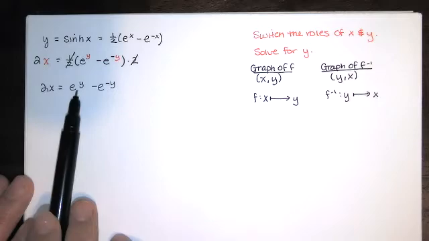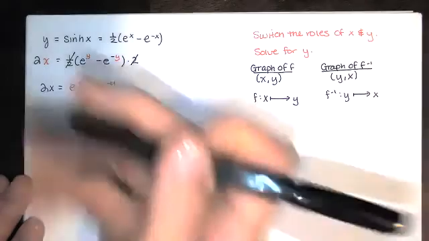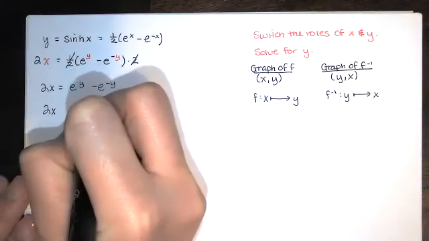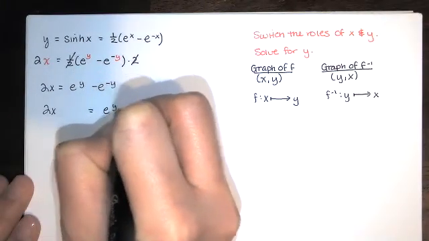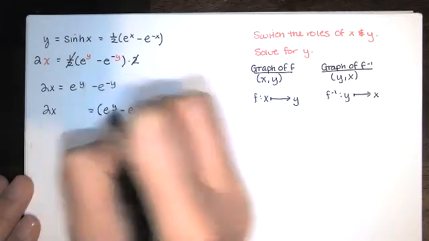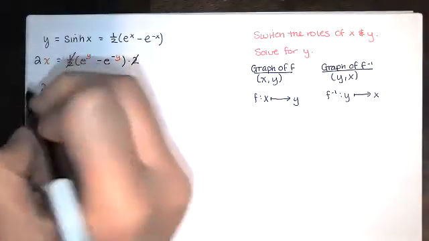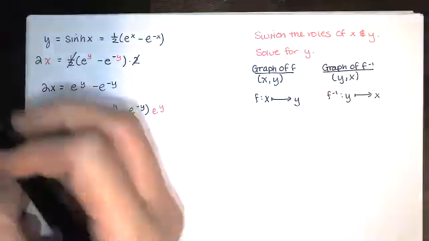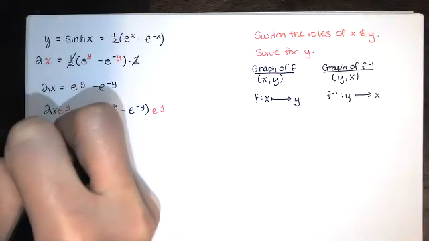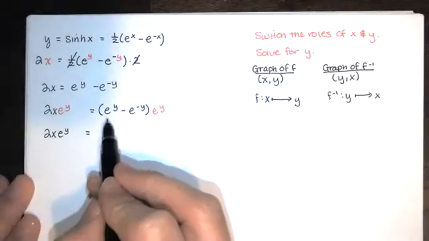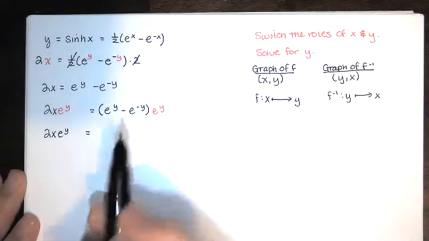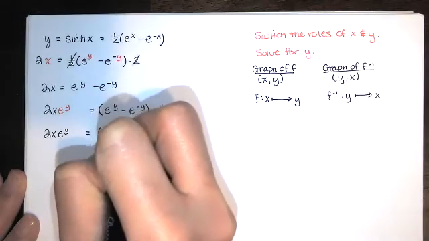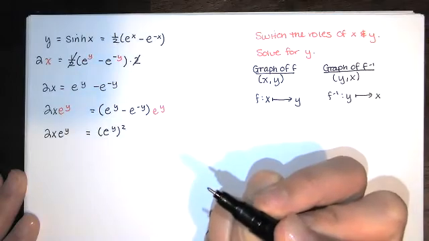So what I'm going to do to get rid of this e to the negative y is I'll multiply both sides of this equation by e to the y. And watch what happens. On this side, I've got 2x times e to the y. On this side, I've got e to the y times e to the y, which we could call e to the 2y, or if you prefer, and I do prefer it, I want to call that (e to the y) squared.